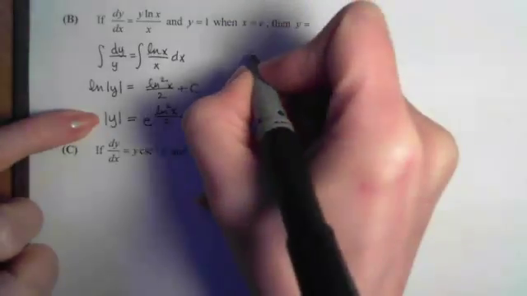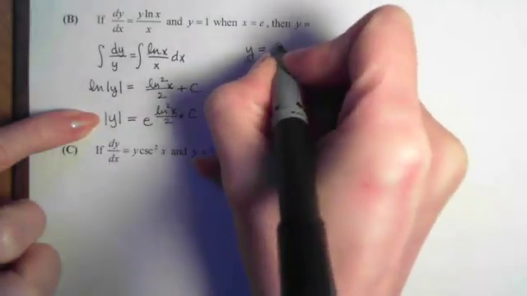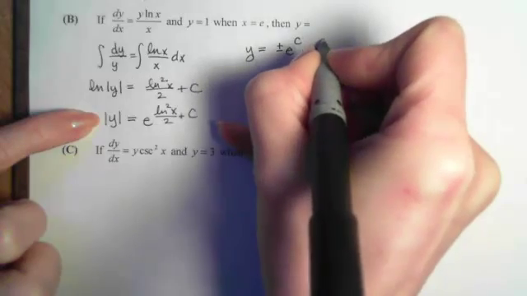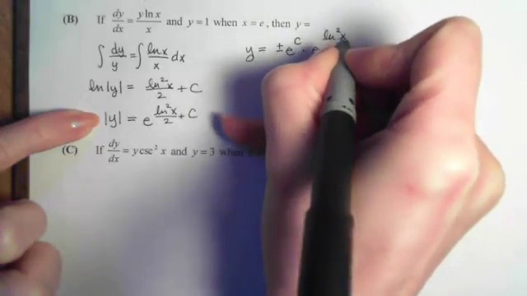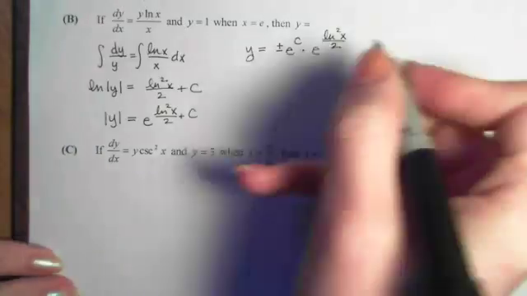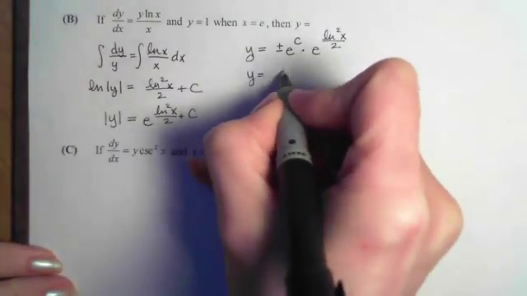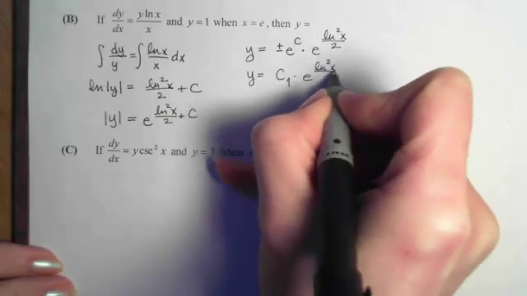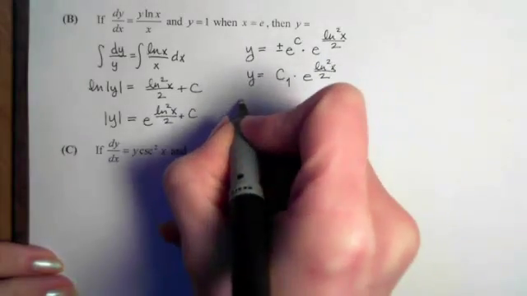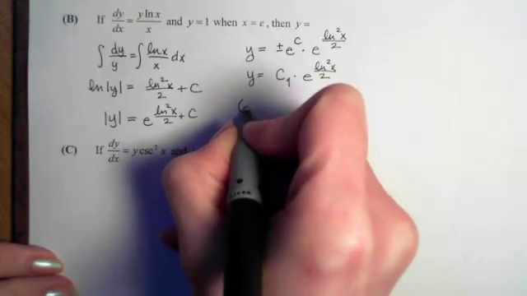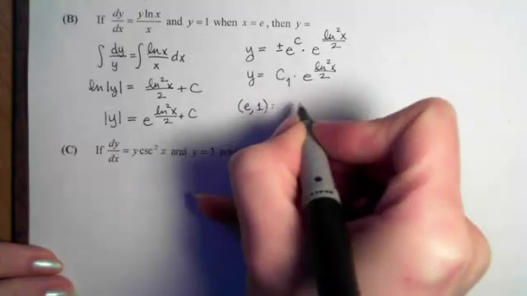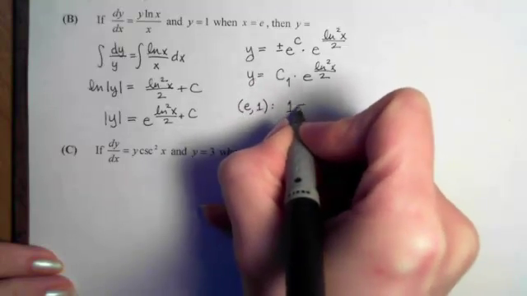Then I'll get rid of the absolute value and split that exponent. Then I can rewrite that as another constant. And I'm ready to plug in my point, which is y gives me a 1 when x is an e.